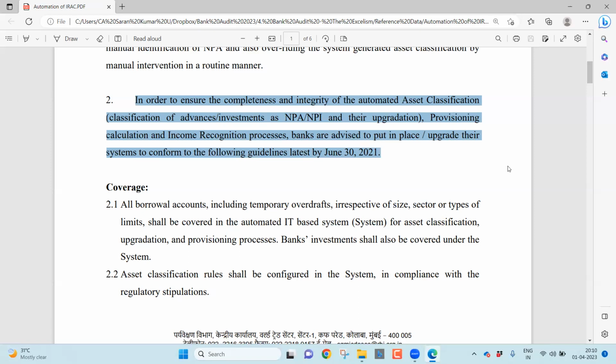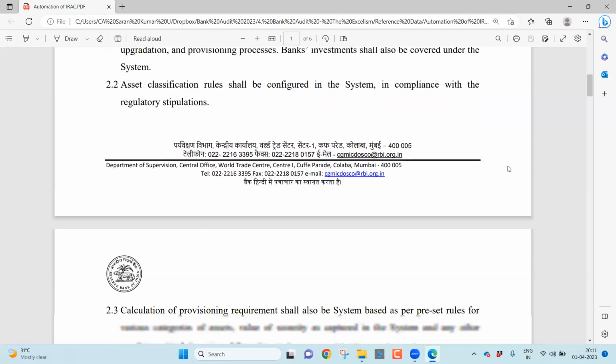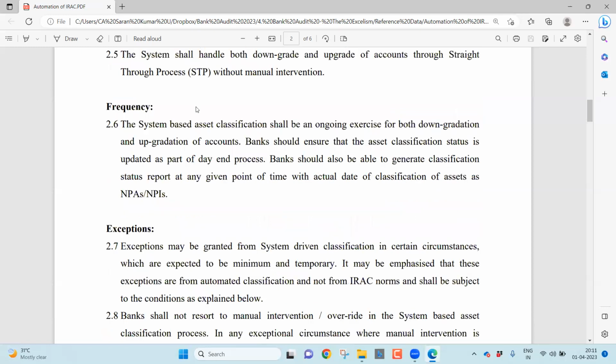At any cost, the bank should not have any manual intervention with respect to the IRAC provisions and provisioning calculation from 30th June 2021. Let us look into the frequency.